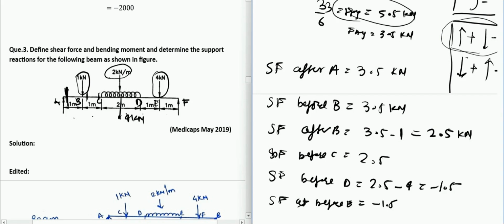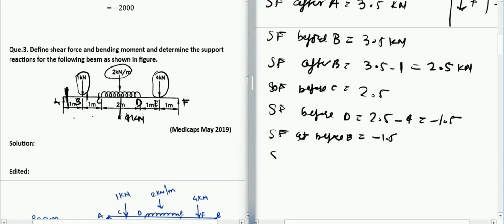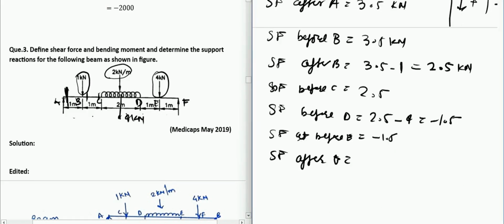And after E, let us try to calculate the shear force after E. We need to consider all the forces now. So we have a 4 kilonewton downward force, and what we had was -1.5 up till here, before E. We need to add this now because it is a downward force, so it will be negating.